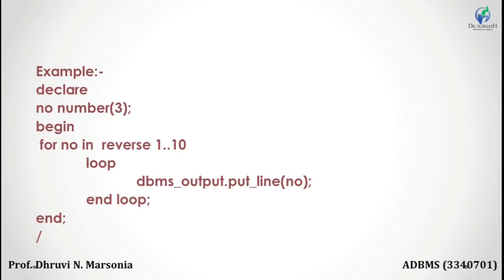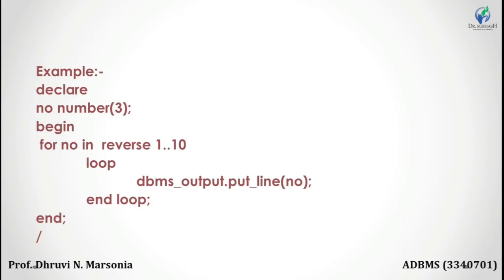Declare, I have declared number with the data type 3, begin for number in reverse 1 to 10, loop, number print, end loop and end. Here in the declaration section, number is declared. In the begin section, number in reverse.